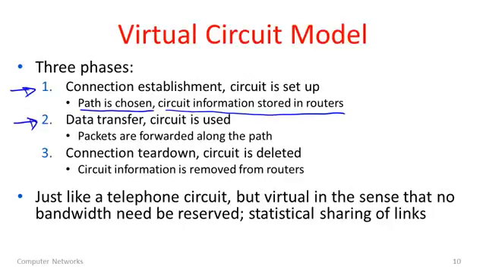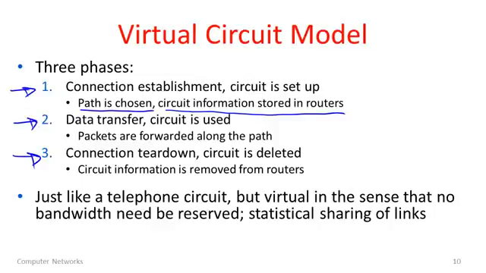We send packets along this virtual circuit, and all of the routers along the path forward them on to their destination. And then finally, when we're done, particularly if we're nice, there is a circuit teardown phase in which everything's cleaned up. The state about this circuit is deleted from all of the routers along the path in the middle of the network, so they can forget about it and move on to new circuits.